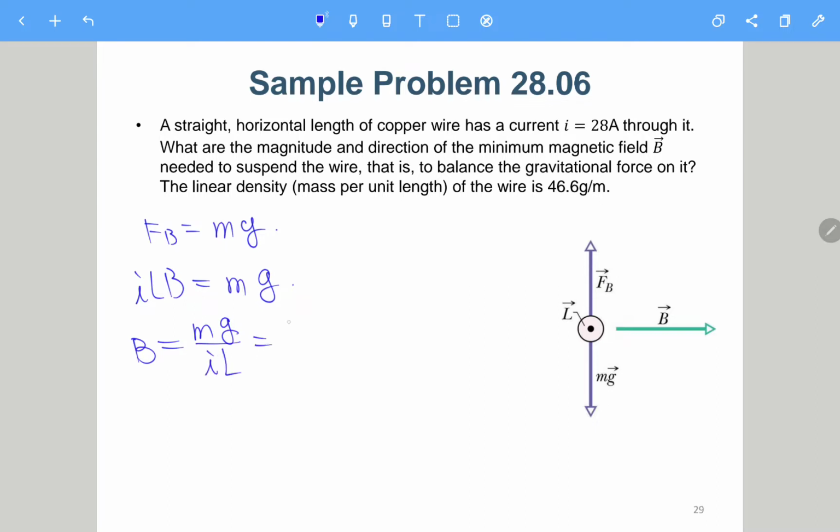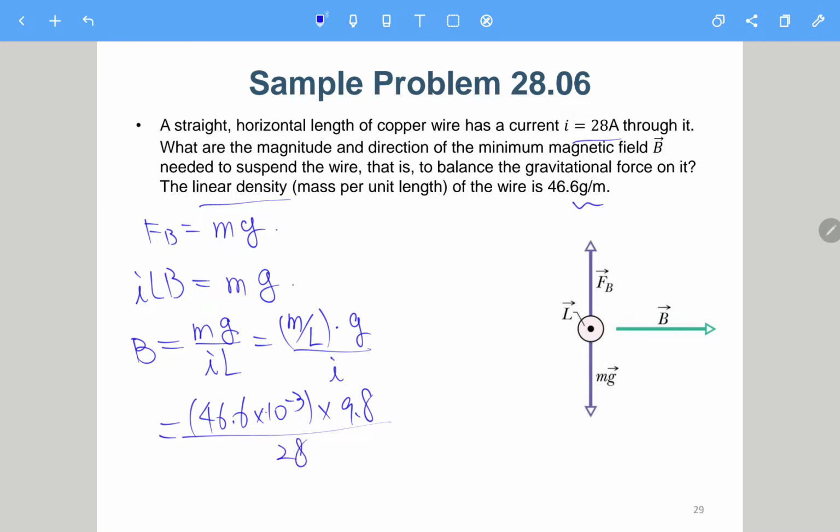The mass is 46.6. Actually, m over L is 46.6, which is the linear density, and then we still have g over I. So we have 46.6 gram per meter, so we need to convert it to the SI unit kilogram, times 10 to the minus third power, times 9.8 meter per second squared, over 28 ampere.